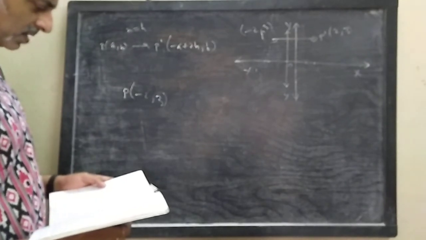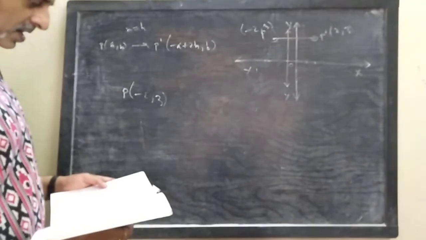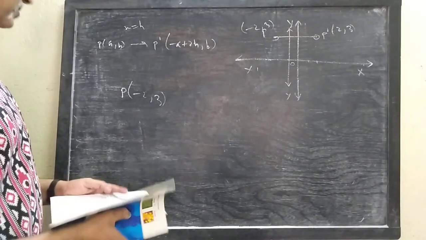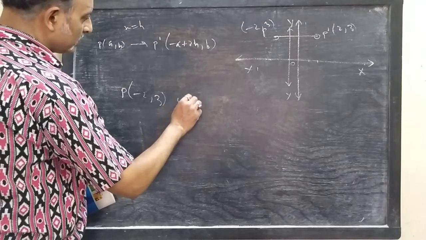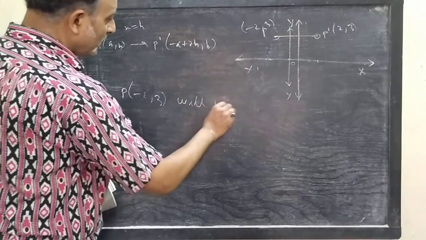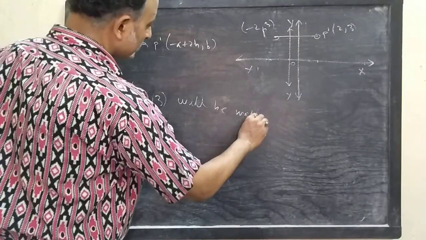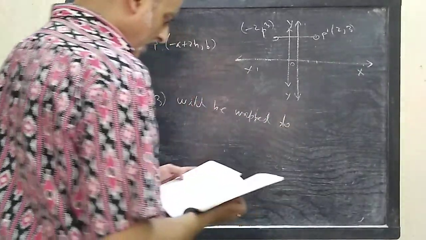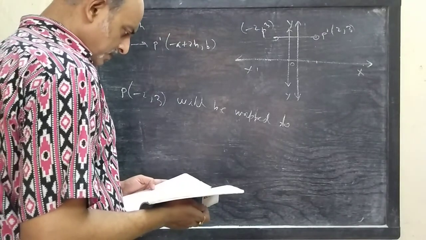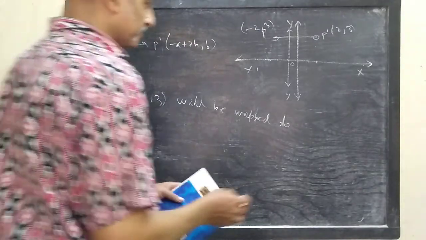Find the coordinates of the image of P under reflection in the line x equals to minus 1. Good. P minus 2 comma 3 will be mapped to, say, P double dash.